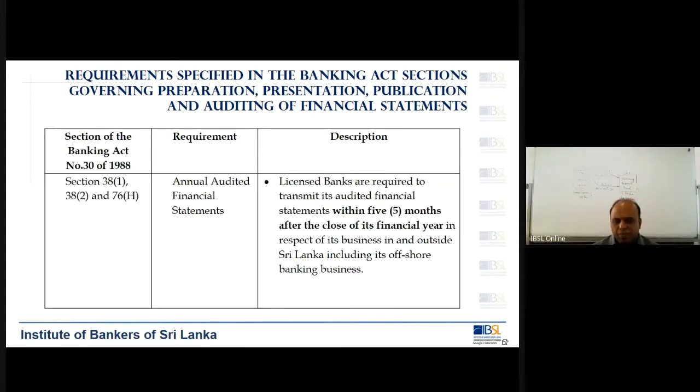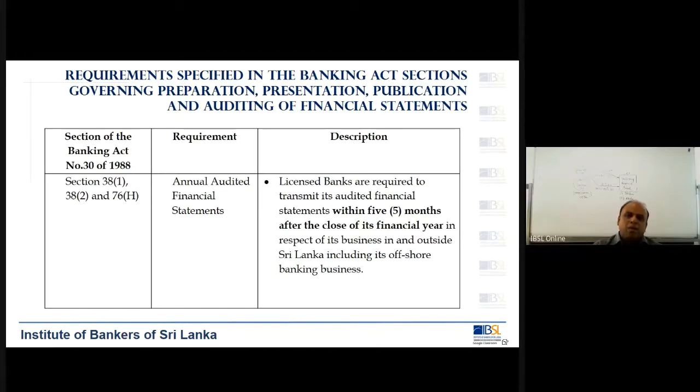Say, for example, if your financial year ends on 31st December, then in the next year, before 31st May, you have to publish your financial statements. That is how it is given. This is the annual audited financial statement. Please remember that, annual audited financial statement.